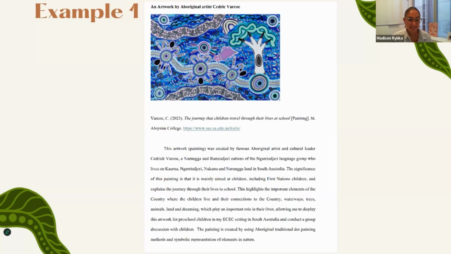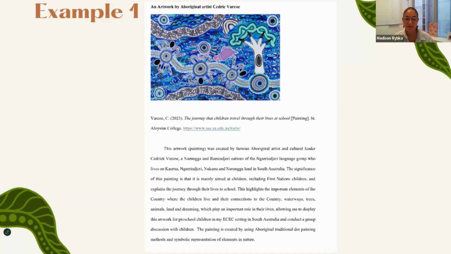The significance of this painting is that it's mainly aimed at children, including First Nations children. So they've obviously done their research around the story behind it because it is public knowledge. It's already posted, so it will have information about it. This highlights the importance of elements of the country where the children live and their connections to countries and waterways.